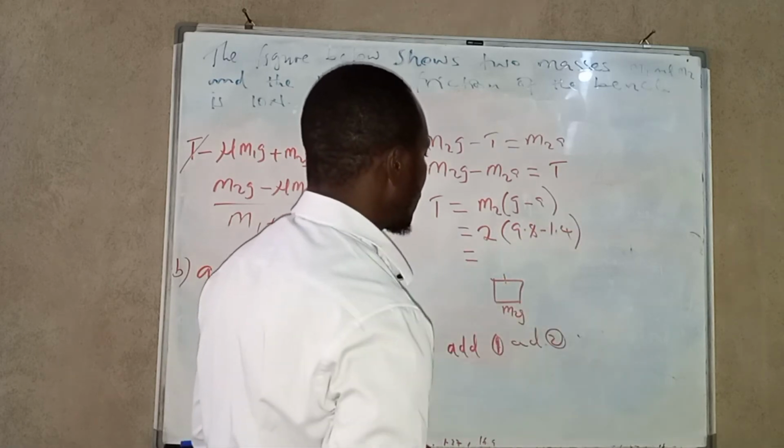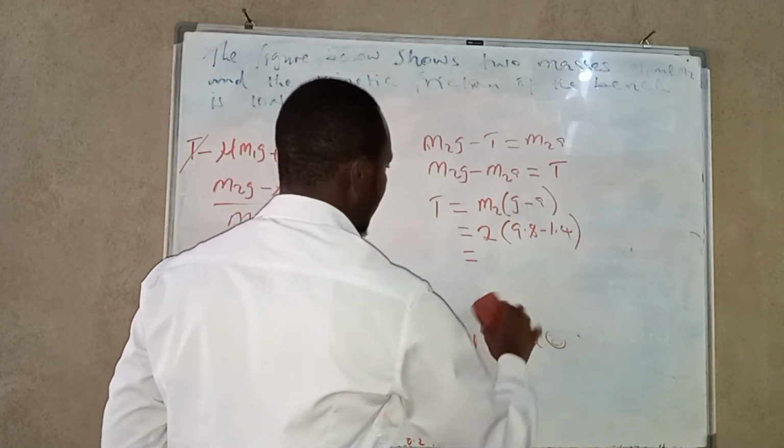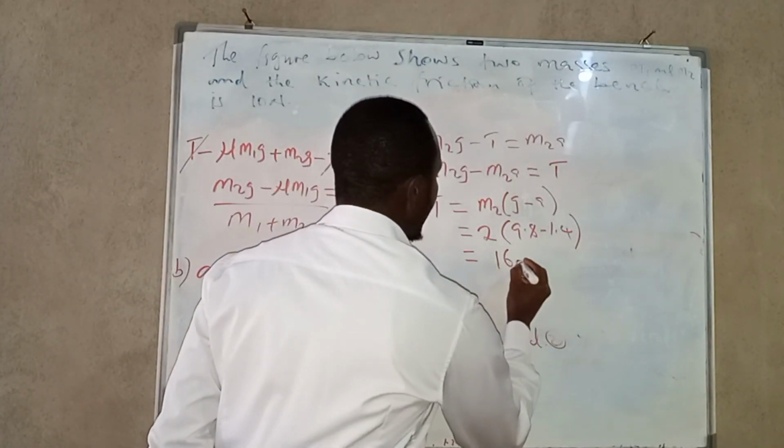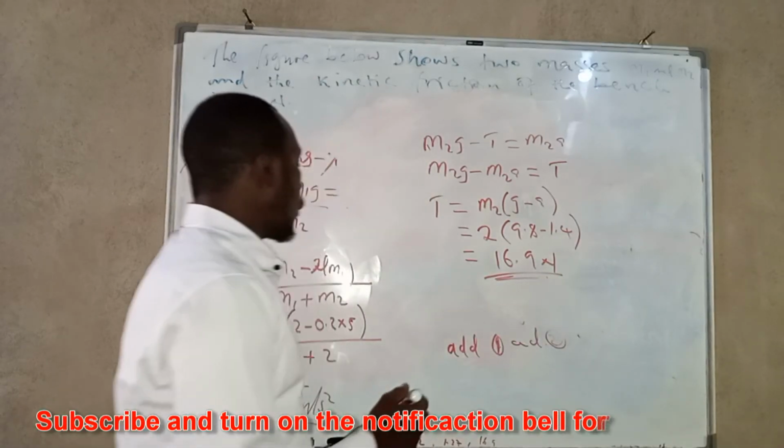What we are going to get is 16.9 newtons as the value for tension in the rope.